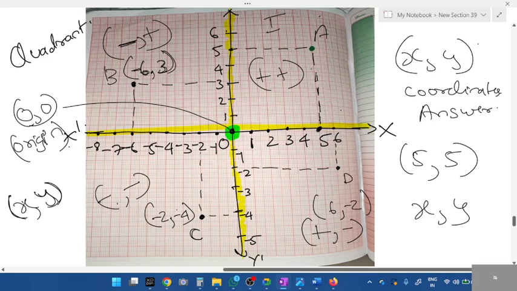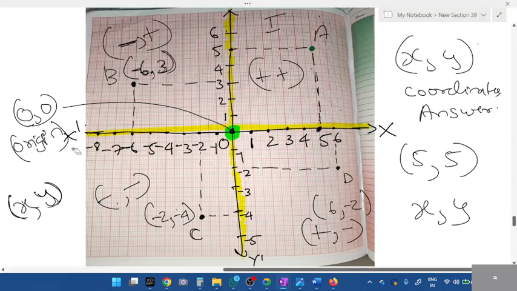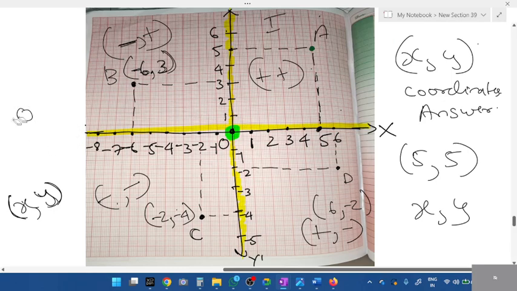Apart from that, all the quadrants: first quadrant both are positive, second quadrant one negative, one positive, third quadrant both are negative, fourth quadrant one positive and one negative. Now quadrant is done, origin is done. Axis, if any point lies on the axis, I'll erase all these points.